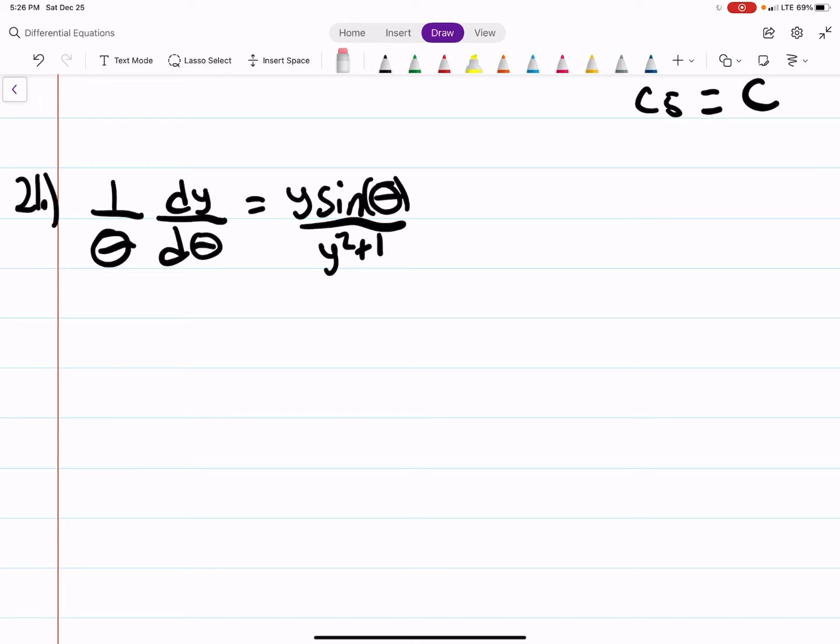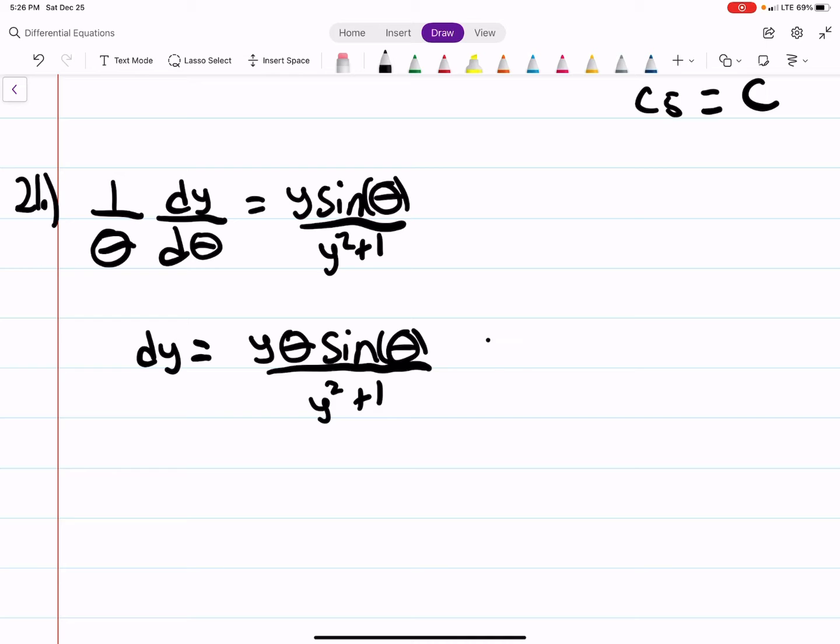Okay, so we can say dy is equal to y theta, I'll multiply by the theta here, sine of theta over y squared plus 1 d theta. Okay, and we know y evaluated at pi equals 1.